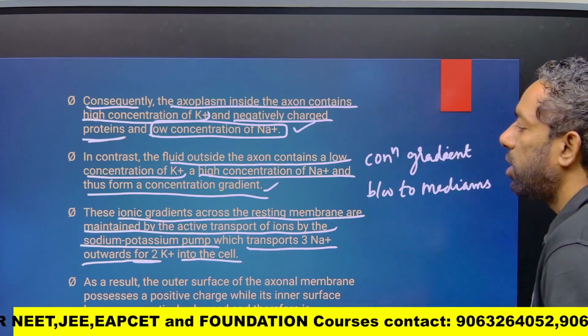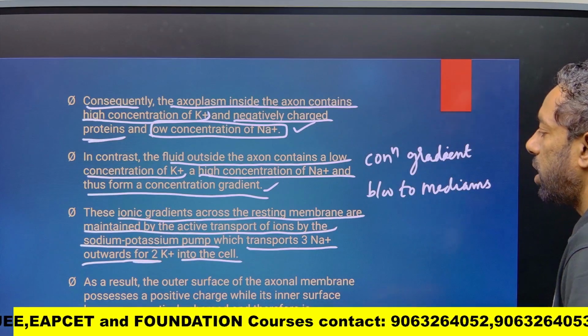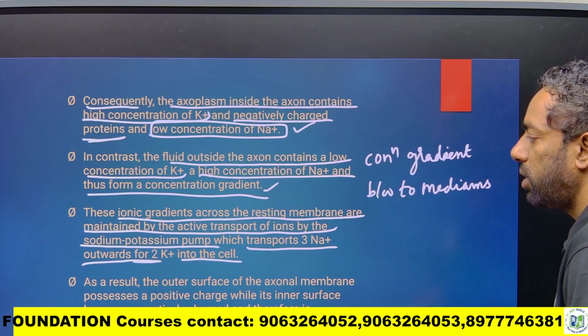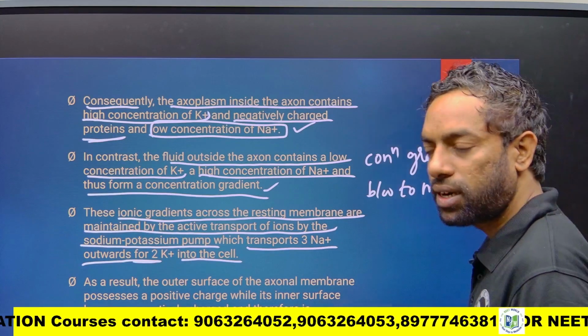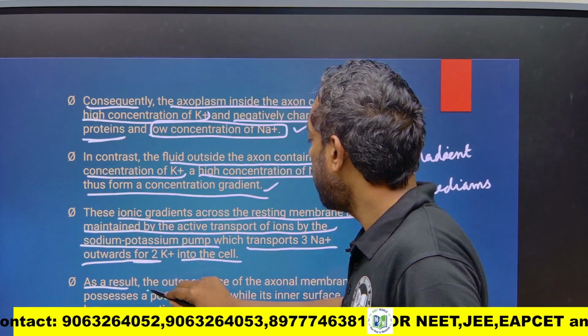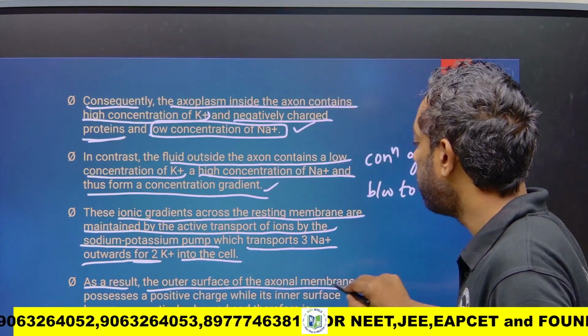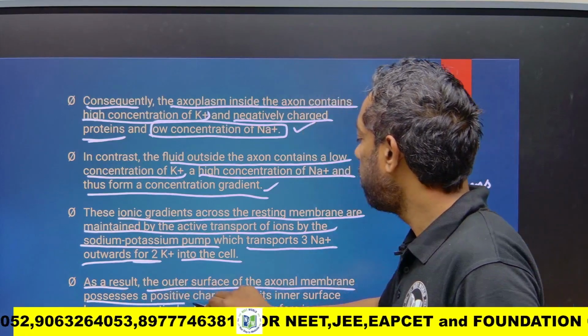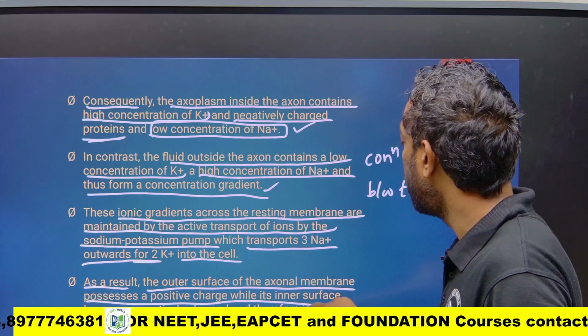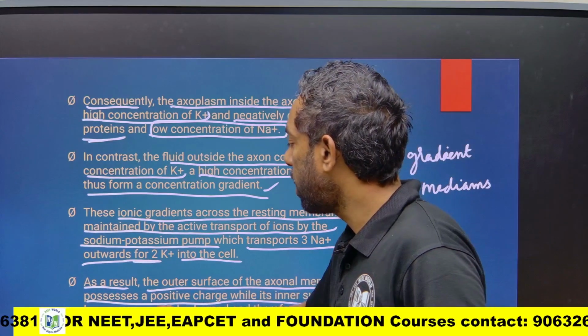By the sodium potassium pump, 3 sodium are transported outward and 2 potassium inward. As a result, the outer surface of the axonal membrane possesses a positive charge while the inner surface becomes negatively charged, and therefore it is polarized.